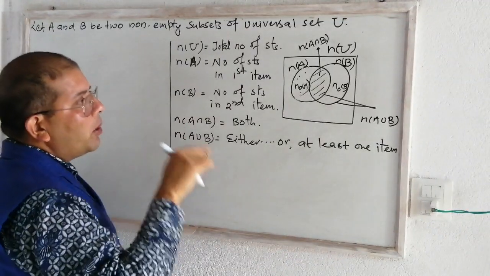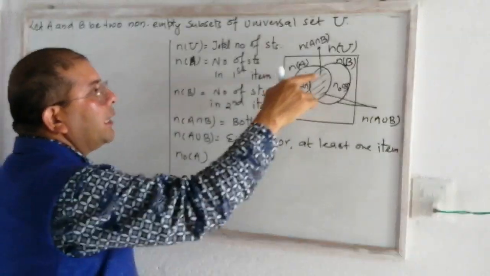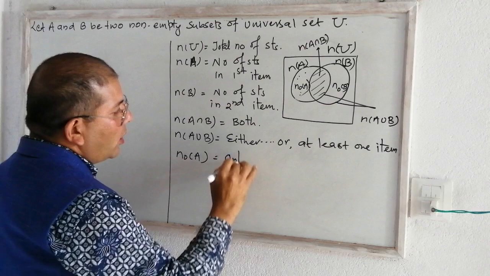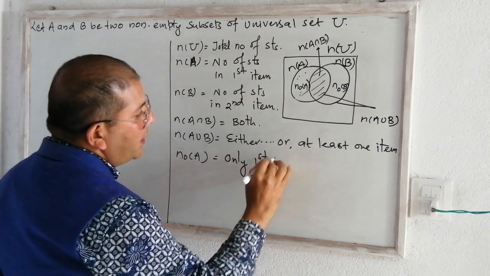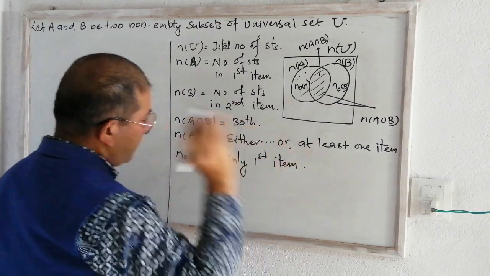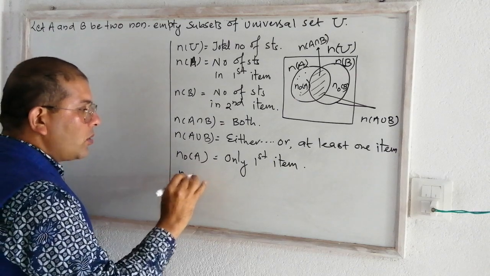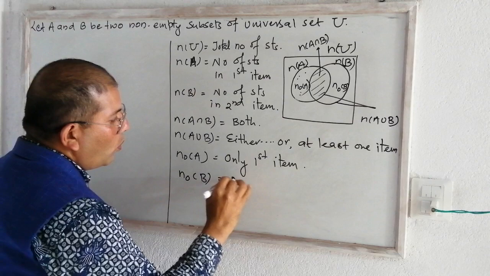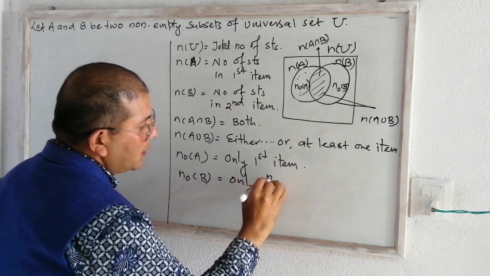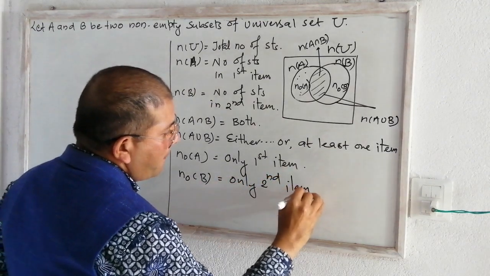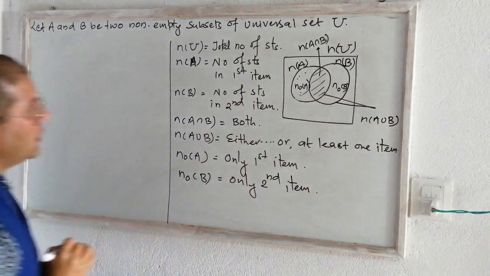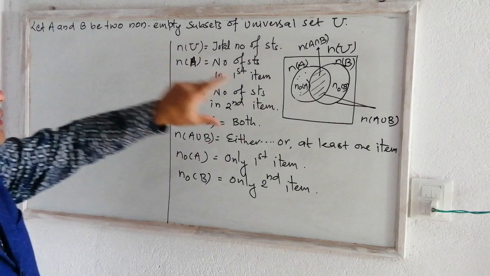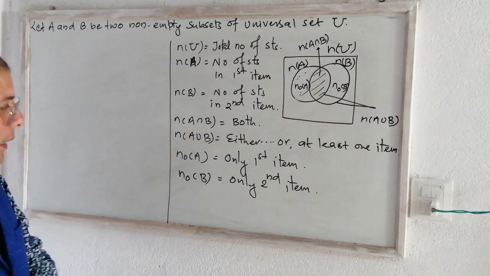So this is the number of students in only the first item. N naught of B, this portion, is only the second item. These are the notations of two sets of a Venn diagram.